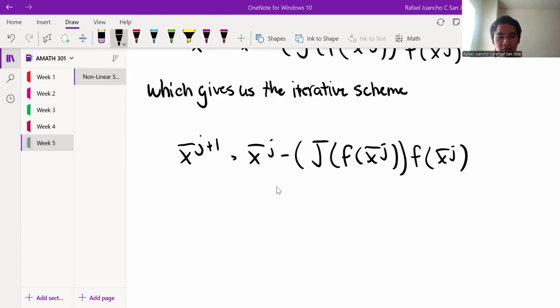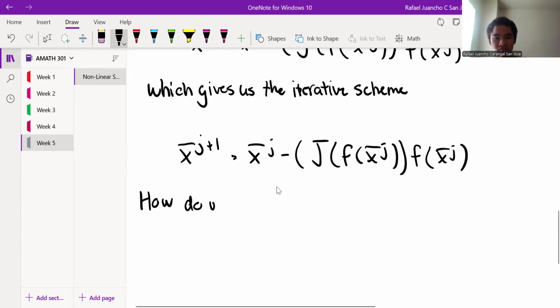Now, here's the thing. How could we translate a linear system to a multidimensional root finding problem? Let me just write that out.